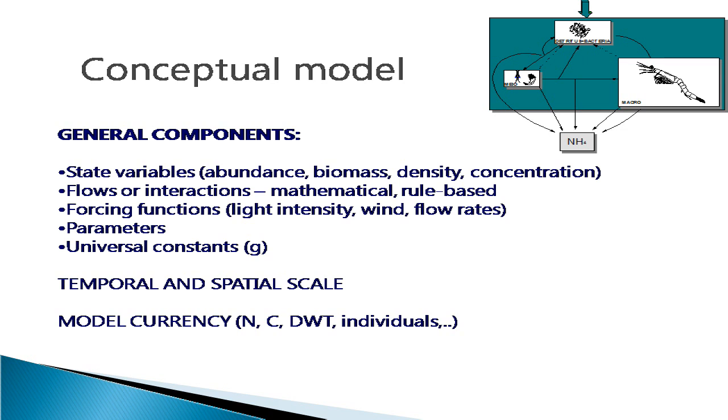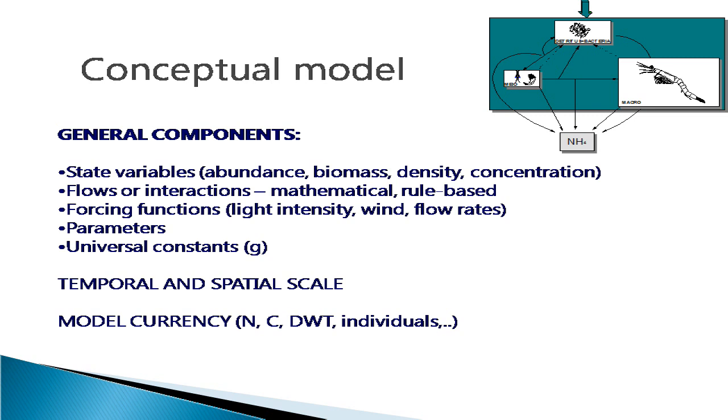What are the forcing functions, meaning the key factors that are influencing your state variables, your animal population? And what are the parameters, the certain values that you would need to have some sort of an idea about? Or maybe you have universal constants that you need to consider, for example, your gravitational constant, if that's important.